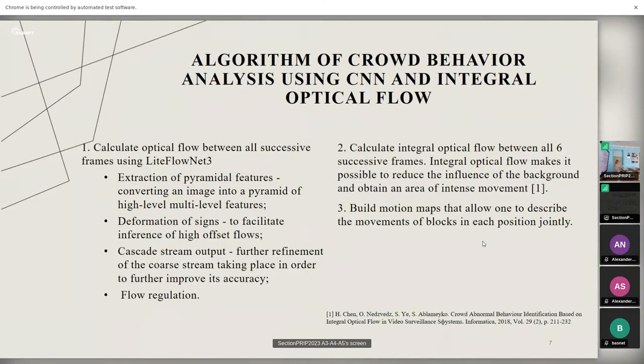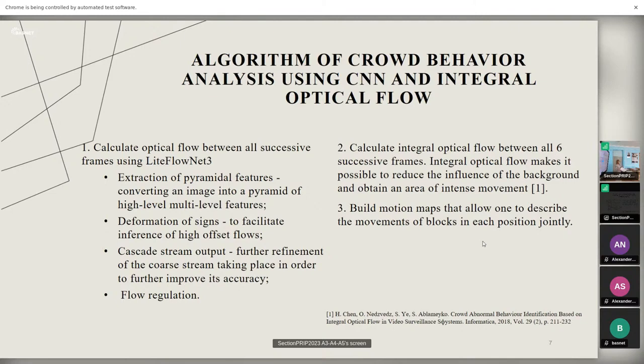Let's talk about the algorithm of crowd behavior analysis using CNN and optical flow. The algorithm for estimating the movement of the people is based on the behavior of optical flow and motion vector maps, and it is applied to the videos from the cameras in public places. At the first stage, optical flow is calculated using CNN, with a sequence of frames in the video.